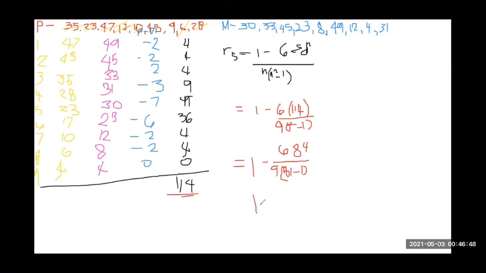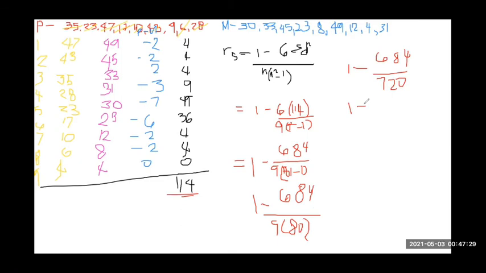So 1 minus 684 over 9 times 80, which is 720.